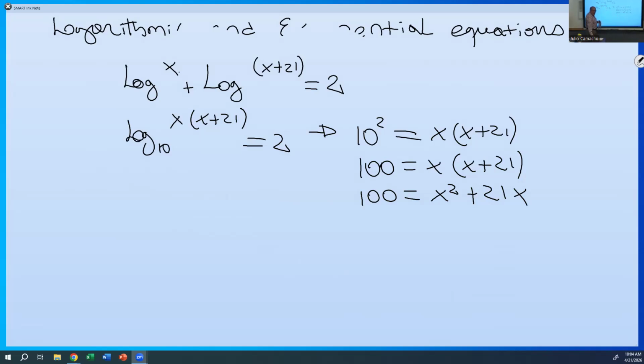Don't look at what you see, look around for what you see. What can you do with 100? Not divide, not subtract it? Well, why not subtract it? You could subtract it.